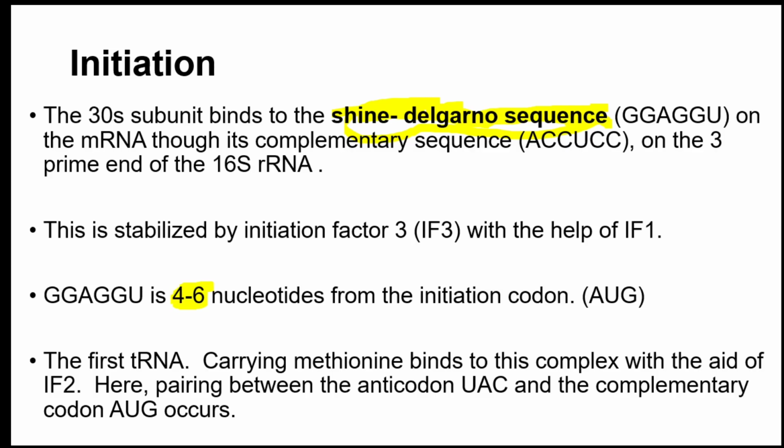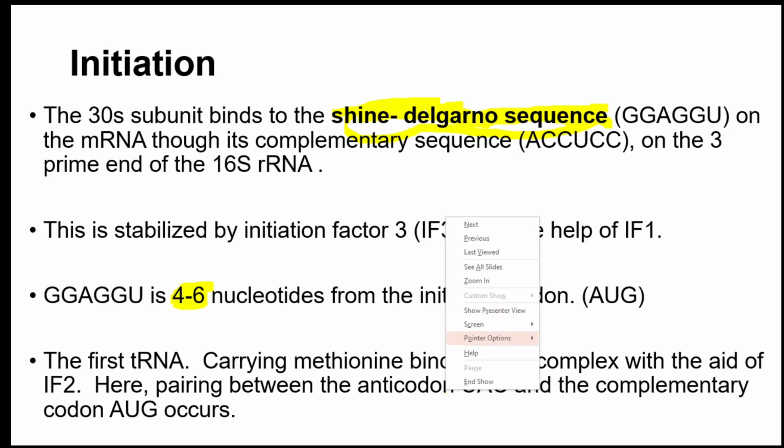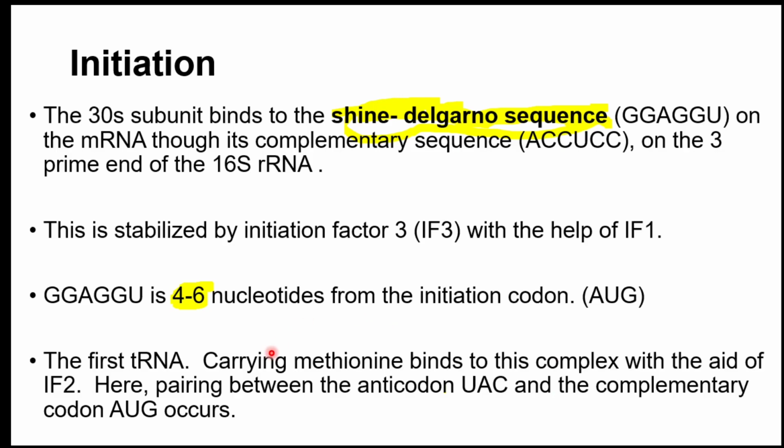Now, we've talked about transfer RNA, and transfer RNA is going to carry the different amino acids. It should also be noted that methionine is the first amino acid carried to the ribosomes during translation.